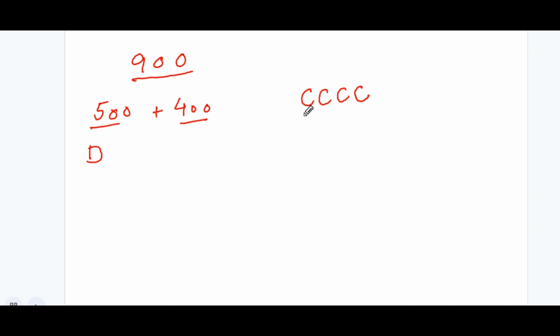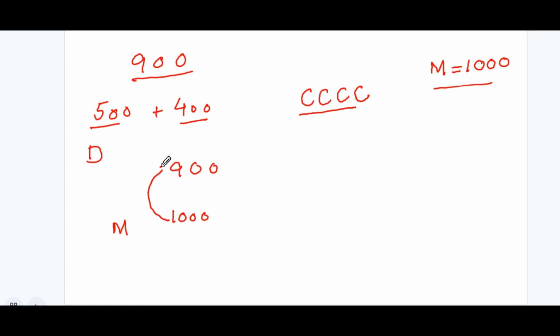So it means I need to go back in my Roman numeral table and find my last letter, that is M equal to 1000. We know that we need to find 900 and we don't know how to find it. So we got our last number, M, which means 1000. So we need to go back from 1000 to 900.